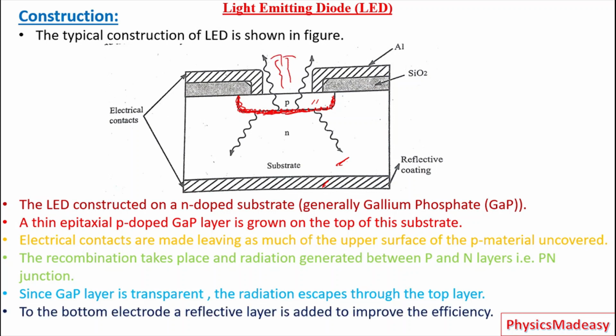The bottom electrode is a reflective layer and is added to improve the efficiency. Means the photons coming in this direction will hit here and reflect, and come out from the exit, so the intensity at the exit can be enhanced by using this reflective coating.